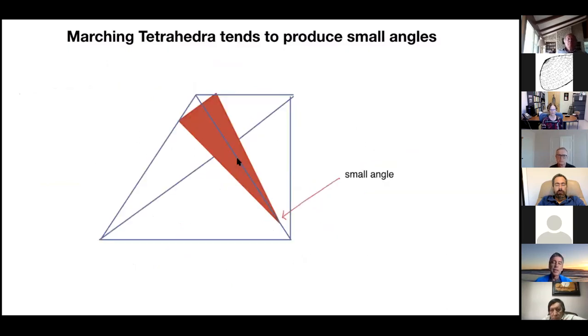And in 3D, the same sort of thing. If you have a surface that cuts across a tetrahedron and meets edges as shown here, then you'll get what we would think of as a normal triangle that has very small angles. So this method is used widely, but then it needs a lot of retriangulation procedures to get rid of these small angles.